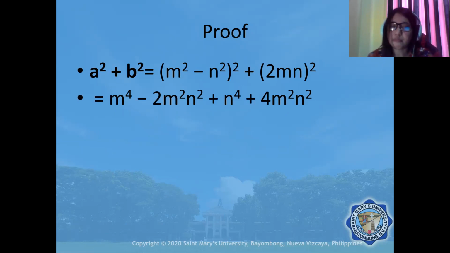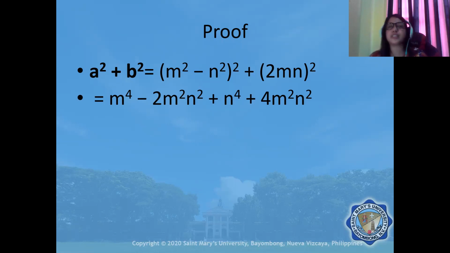Expanding the square of m squared minus n squared, you obtain m raised to 4 minus 2m squared n squared plus n raised to 4.